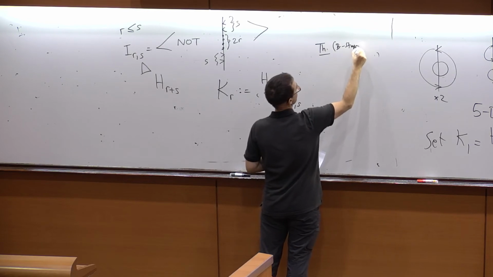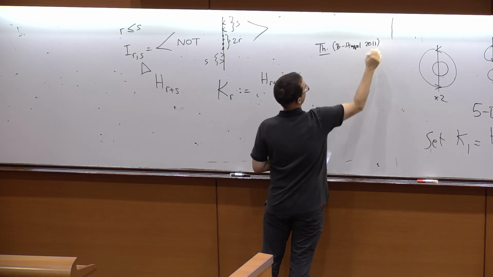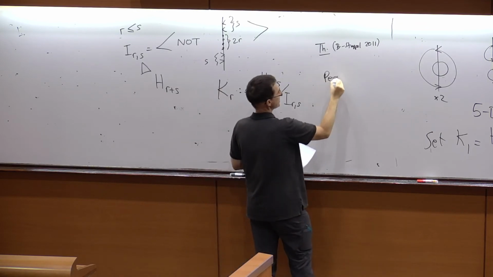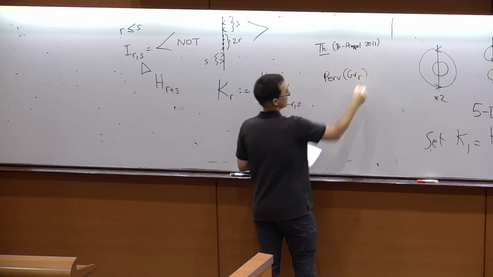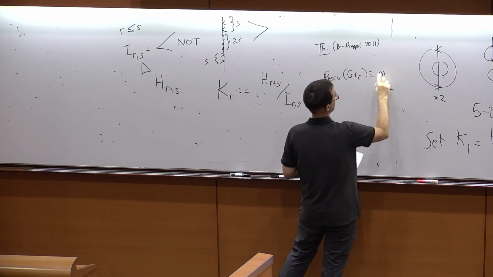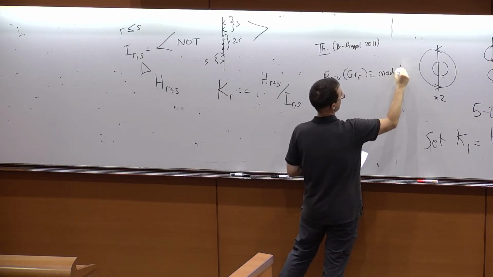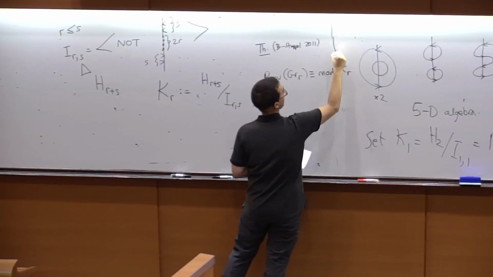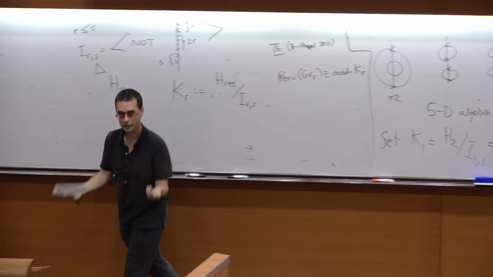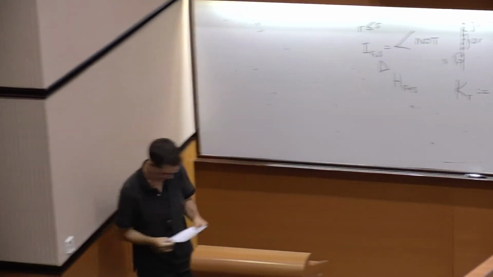This was a while ago. The category of perverse sheaves on the Grassmannian Gr_R is the same as modules over the algebra K_R. So in fact, this is the basic algebra that kind of realizes this abelian category.